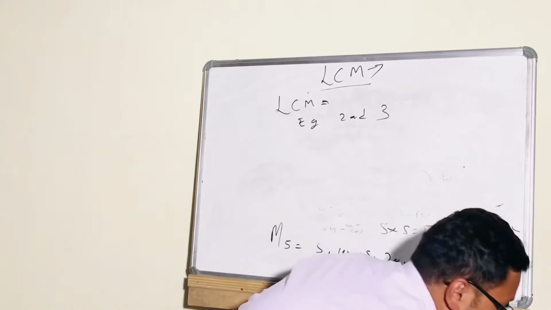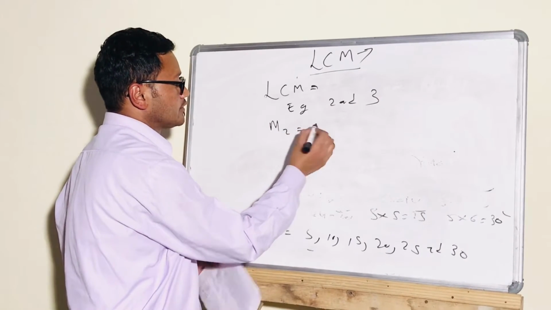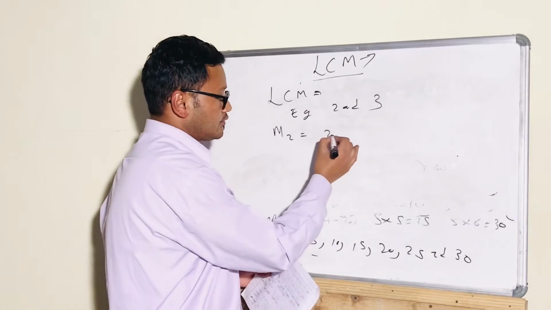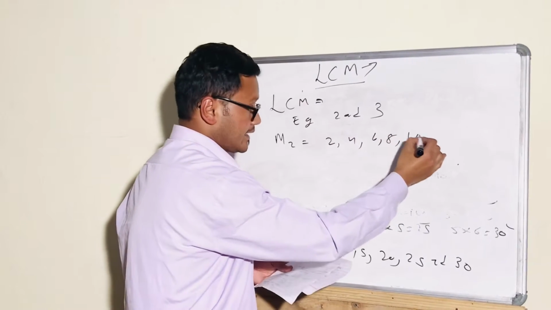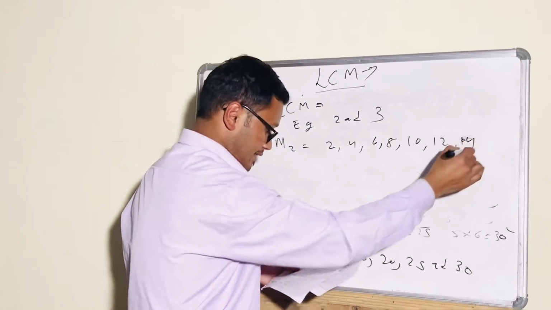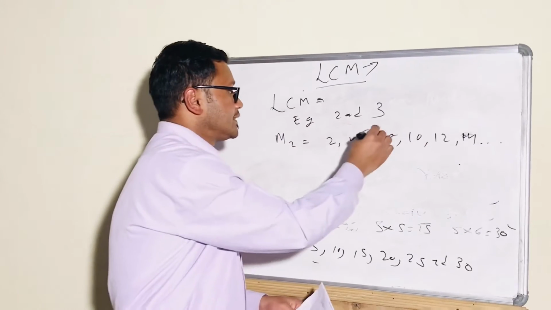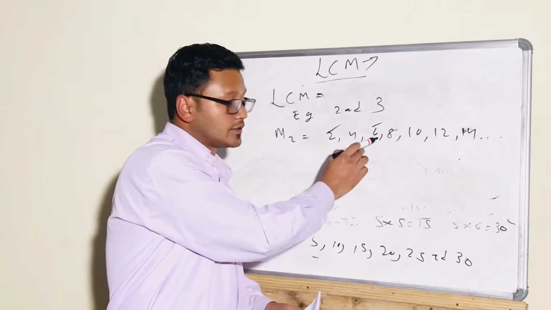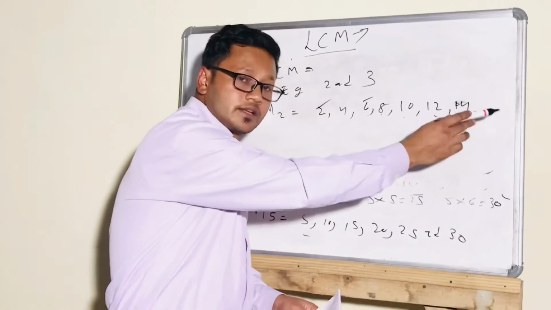Multiples of 2 are 2, 4, 6, 8, 10, 12, 14. There are many multiples: 2 ones are 2, 2 twos are 4, 2 threes are 6, 2 fours are 8, 2 fives are 10, 2 sixes are 12, 2 sevens are 14, and so on.